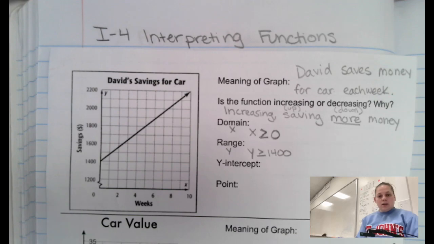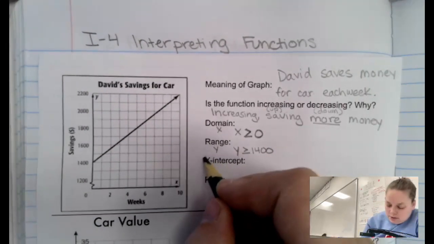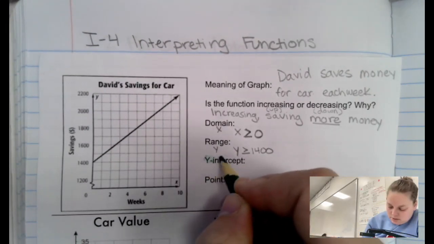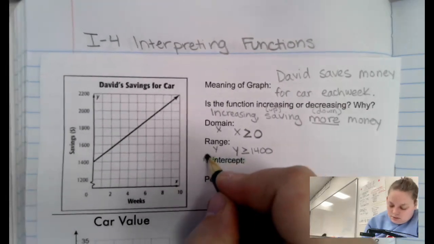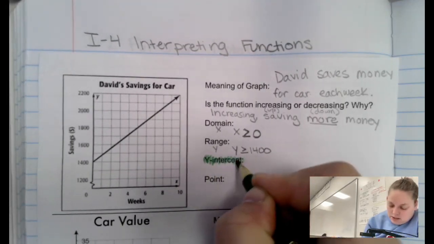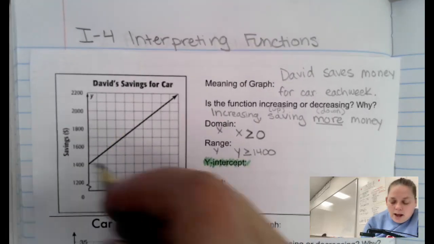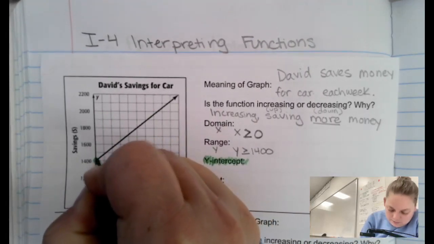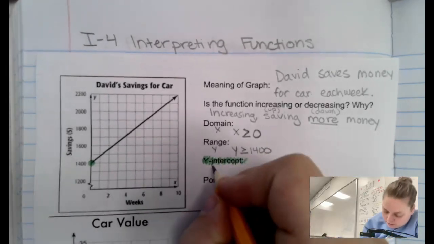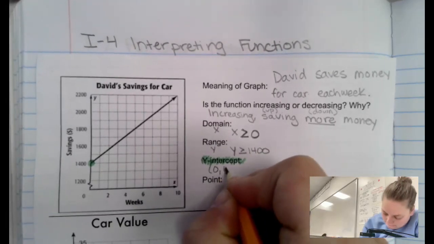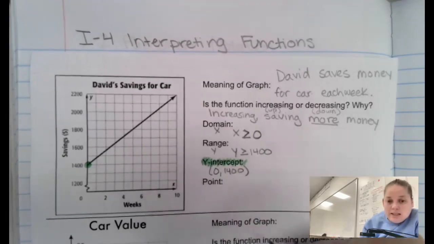All right, our next thing here is our y-intercept. So our y-intercept is where it crosses that y-axis, which would be right here, which is (0, 1,400). We want to know, what does that mean?